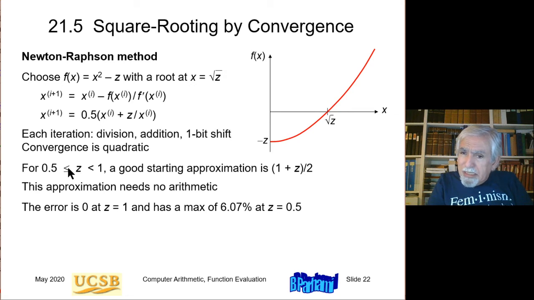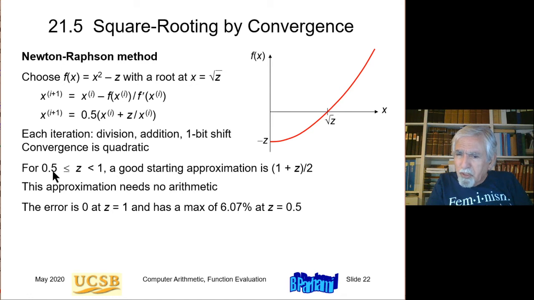So if z is, let's say, in the range 0.5 to 1, a good starting approximation for x0 is 1 plus z over 2. If z is 1, the upper range, this will be 1, which is an exact value for the square root.